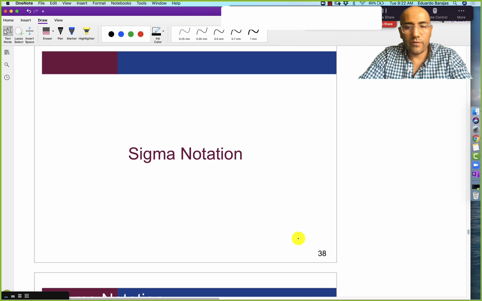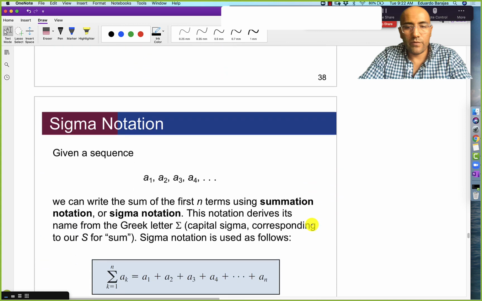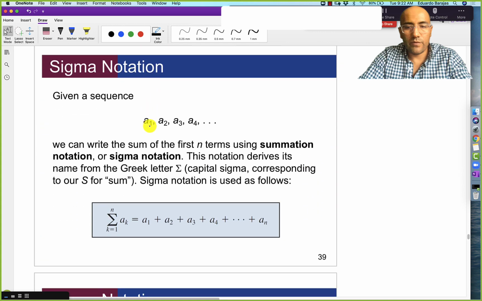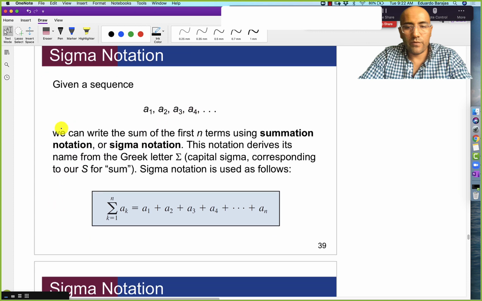Okay, so we want to refresh our memory on sigma notation, which helps us express a sum. That's what sigma notation is. So given a sequence, a sub 1, a sub 2, a sub 3, and so on and so forth, if we want to describe how to add the first n numbers, we can write the sum of the first n numbers using sigma notation. And that's what this is. This notation means that we want to add a sub 1, a sub 2, a sub 3, a sub 4, dot, dot, dot.